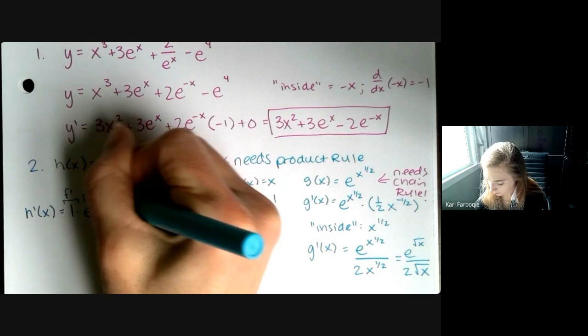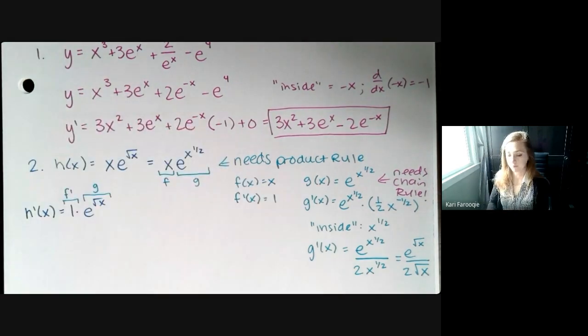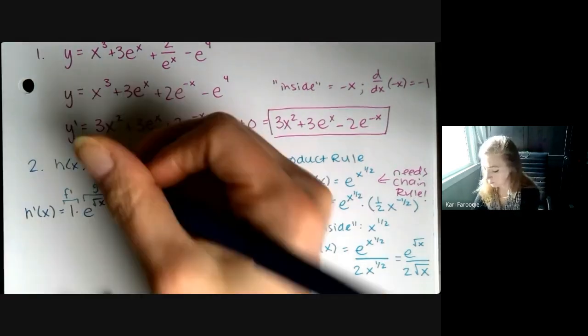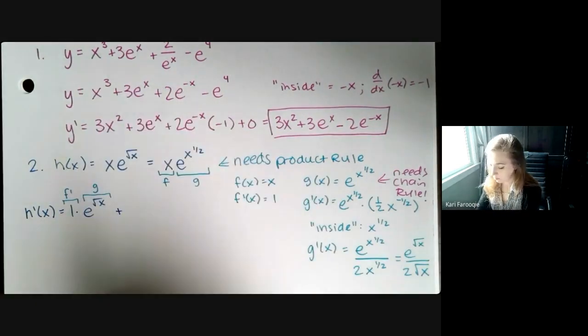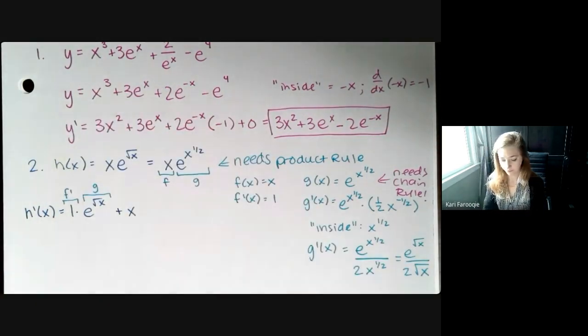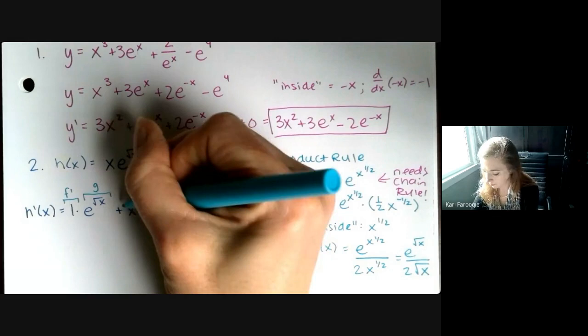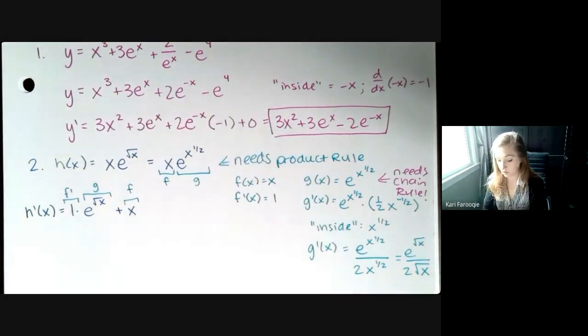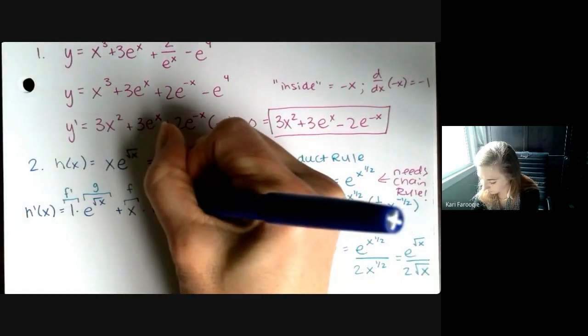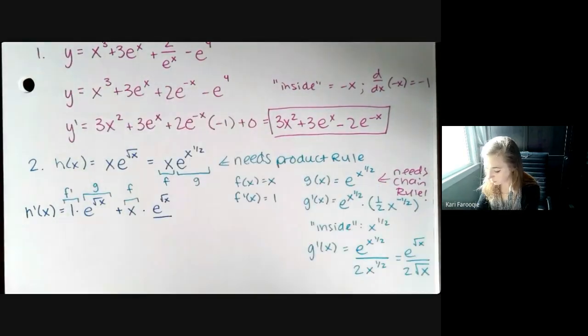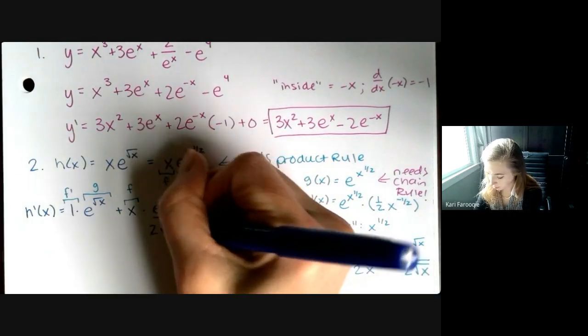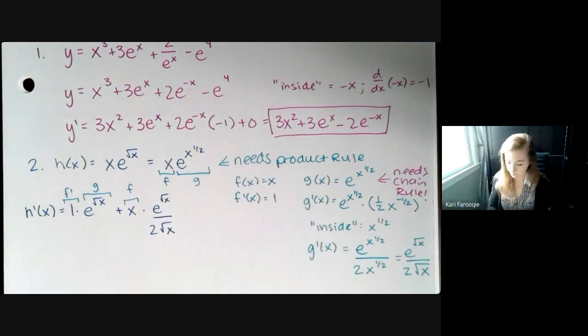f prime g plus f, go ahead and label that, times g prime. So the g prime that we have is e to the square root of x divided by twice the square root of x.